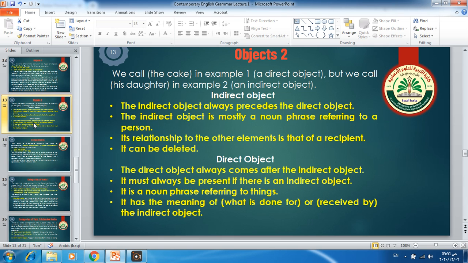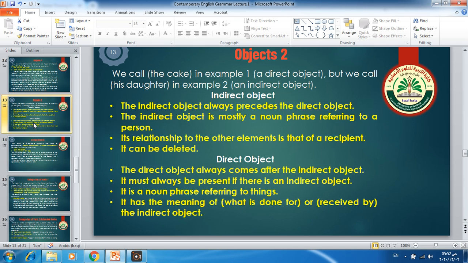It is a noun phrase referring to things. So the direct object is a noun phrase that refers to things. So in our second example, we have what? We have a cell phone. In the first example, we have the cake. So both of them refer to things.